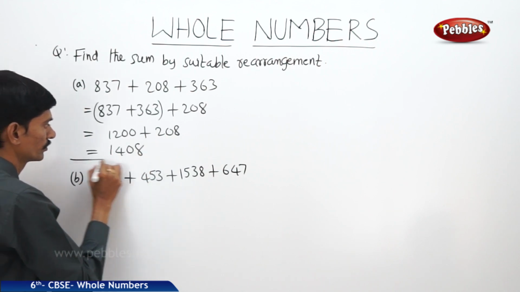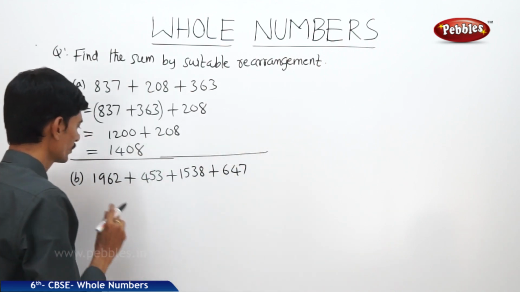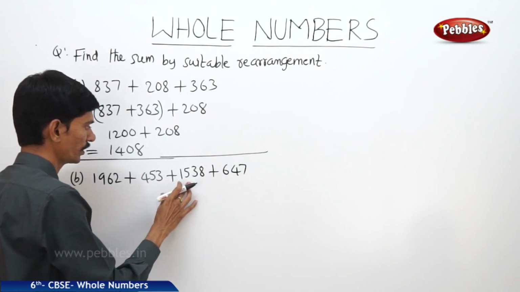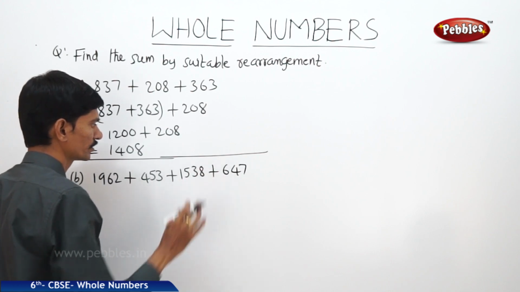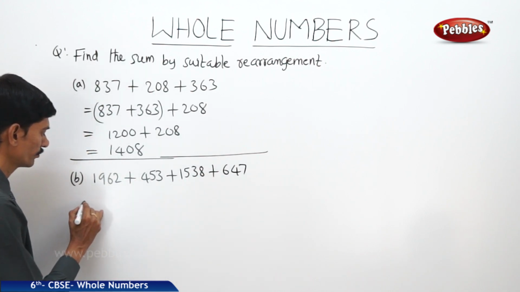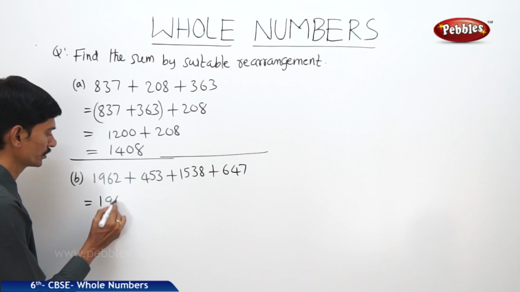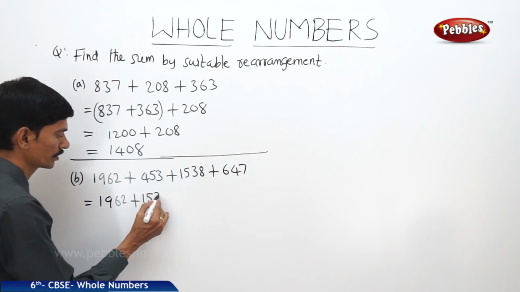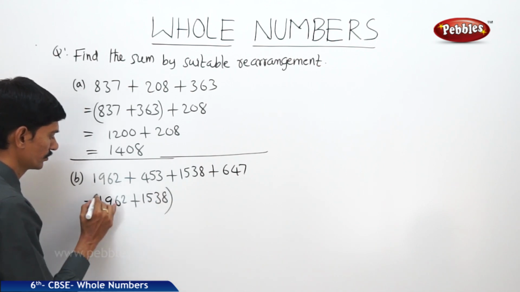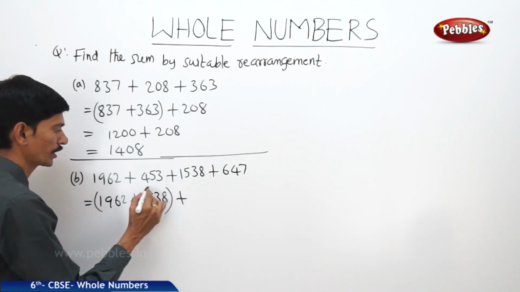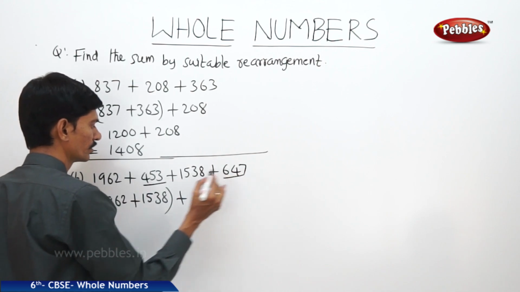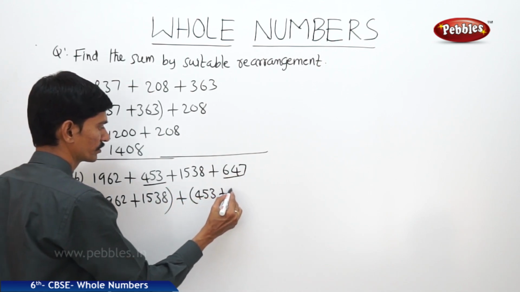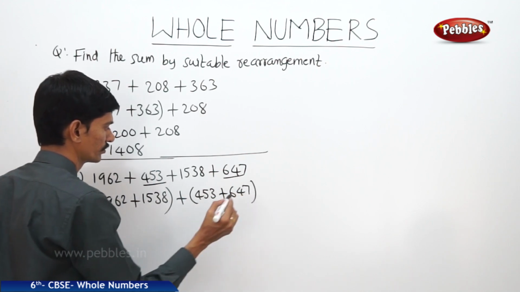So then we get 1408. Now the next question, 1962 plus 453 plus 1538 plus 647. So then here we can group 1962 plus 1538, and we can group these two whole numbers together, 453 plus 647.